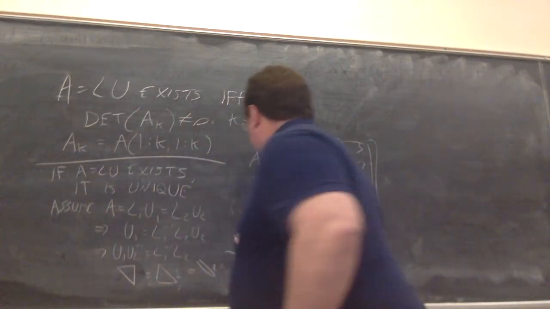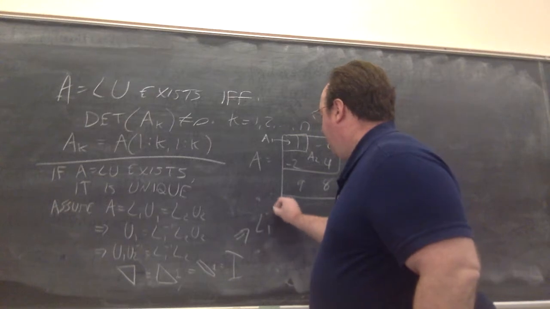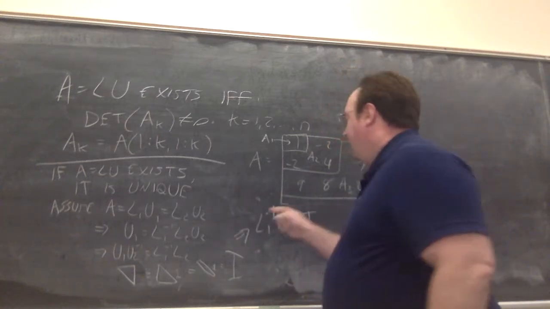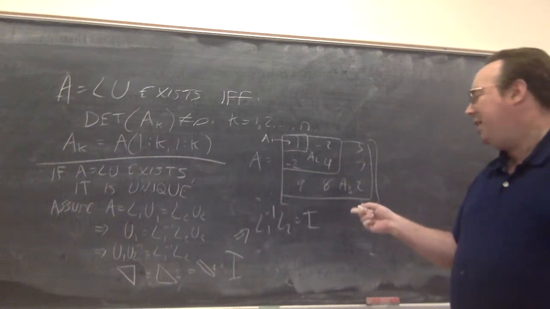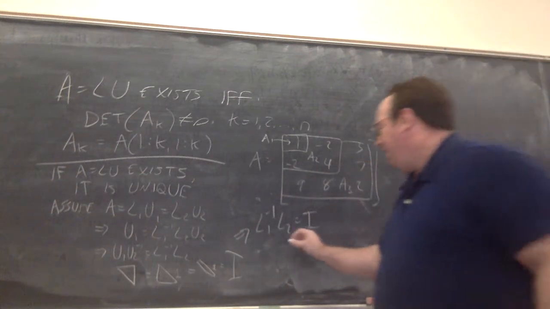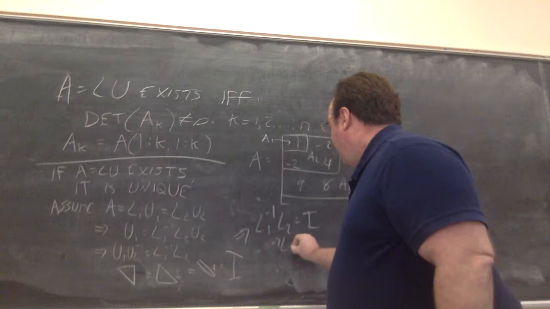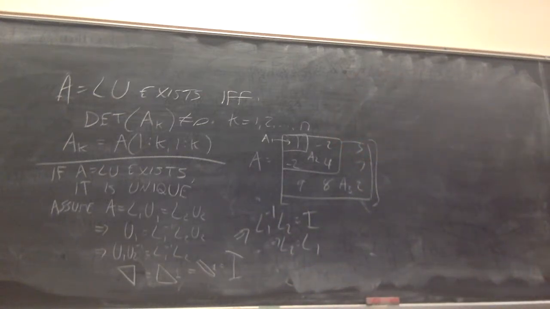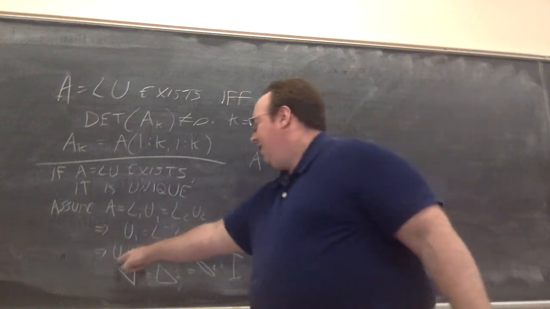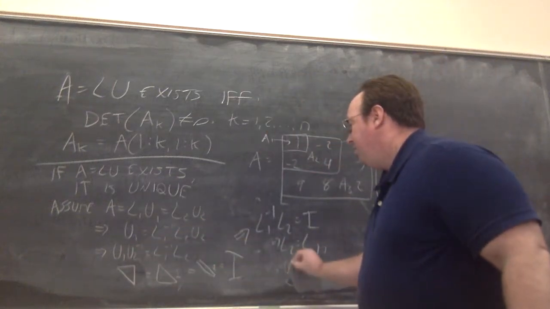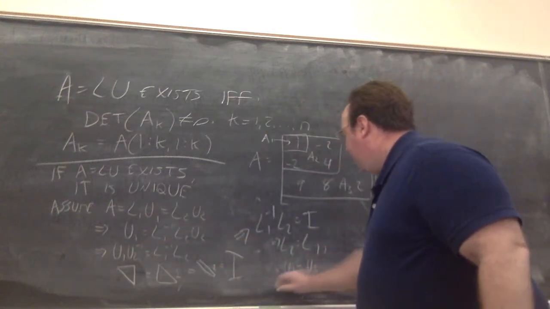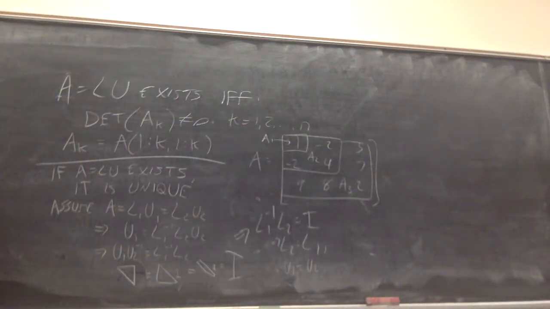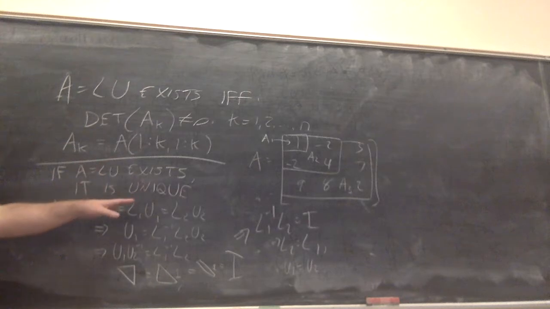And now if we apply that over here, L1 inverse L2 is identity. Now I can multiply both sides by L1 on the left, and I get L2 equals L1. And similarly, this is identity, therefore U1 equals U2. So this is a contradiction. I assumed up front that these LU decompositions are distinct.